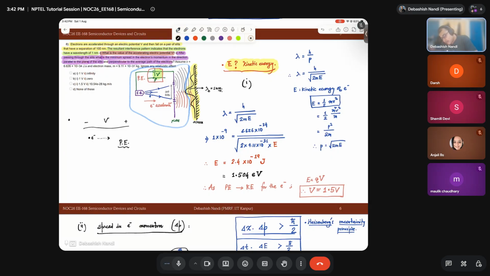Then let's take a point. Let's take this point. By looking at this point, can you tell me, or can anyone tell, if this contribution is from the electron coming from slit 1 or slit 2?